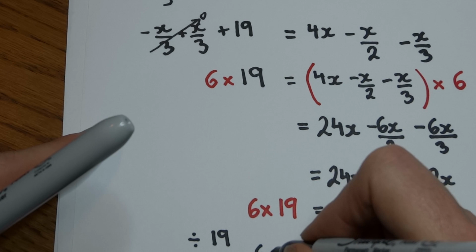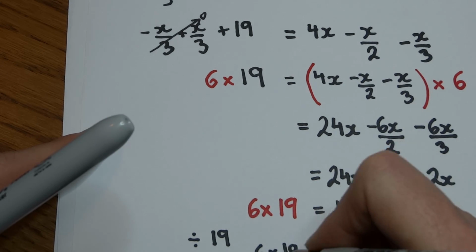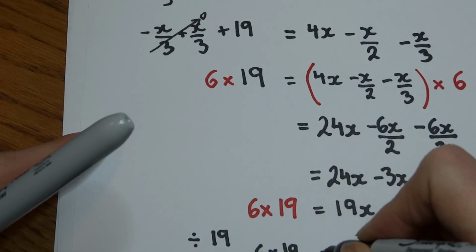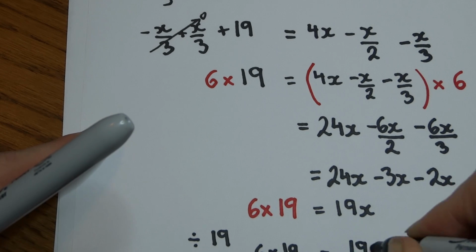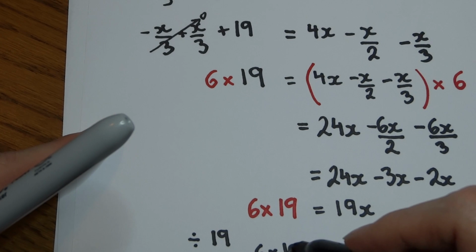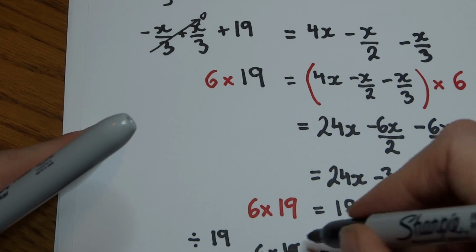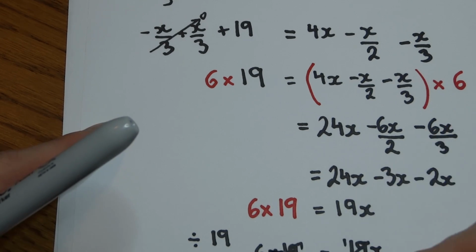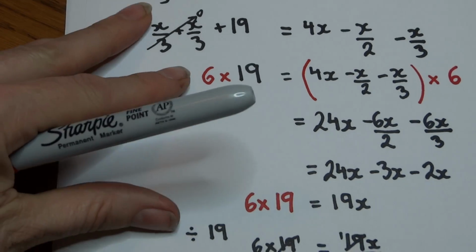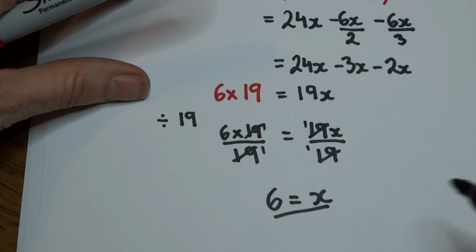We get 6 times 19 divided by 19 equals 19x divided by 19. 19 divided by 19 is 1. 19 here divided by 19 is 1. Anything divided by itself is 1. So we get that 6 equals x. So x equals 6. So we now have the answer for x.